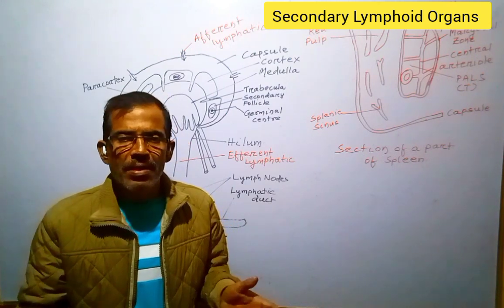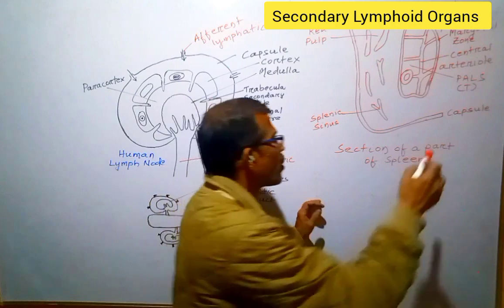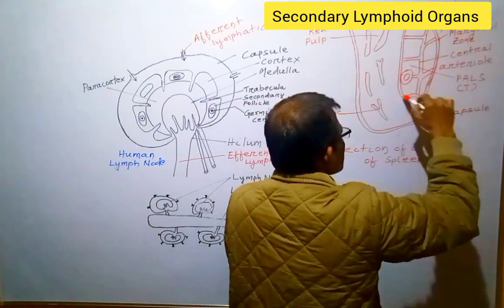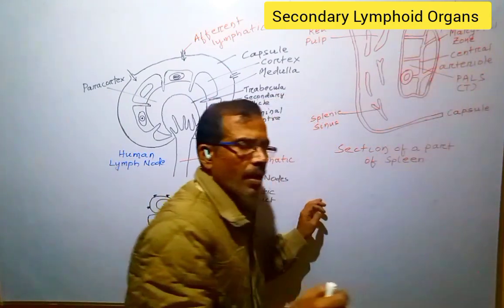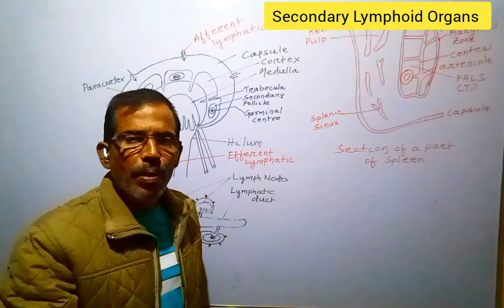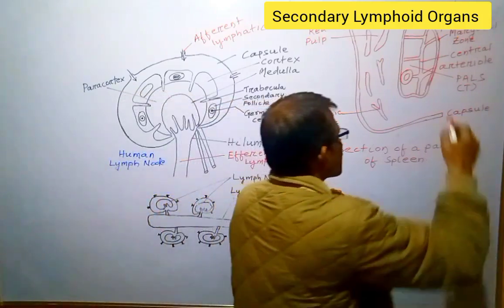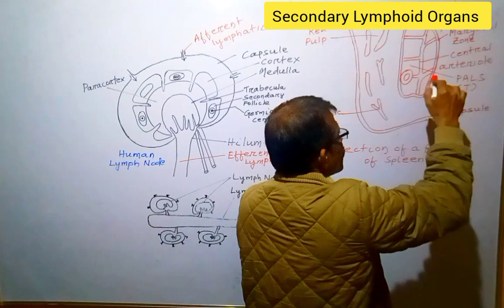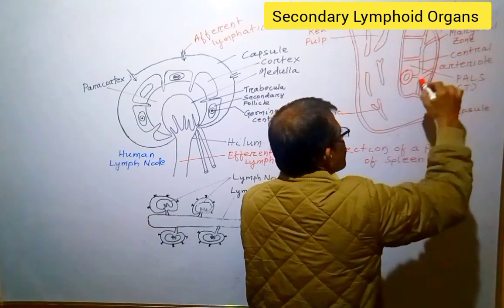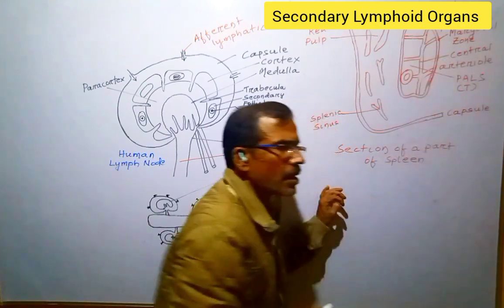The other region of the spleen is white pulp, which contains the lymphoid tissue. A major part of the lymphoid tissue is arranged around the central arteriole, forming periarteriolar lymphoid sheaths.